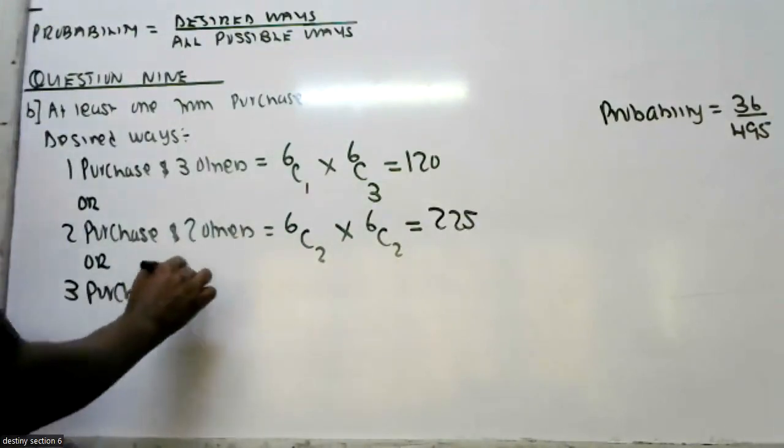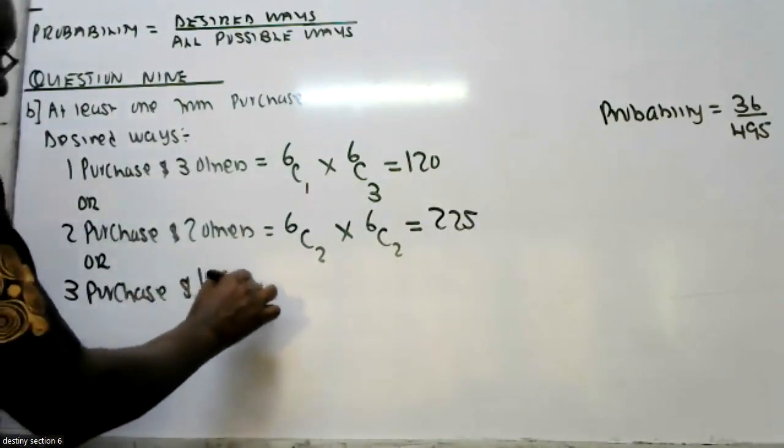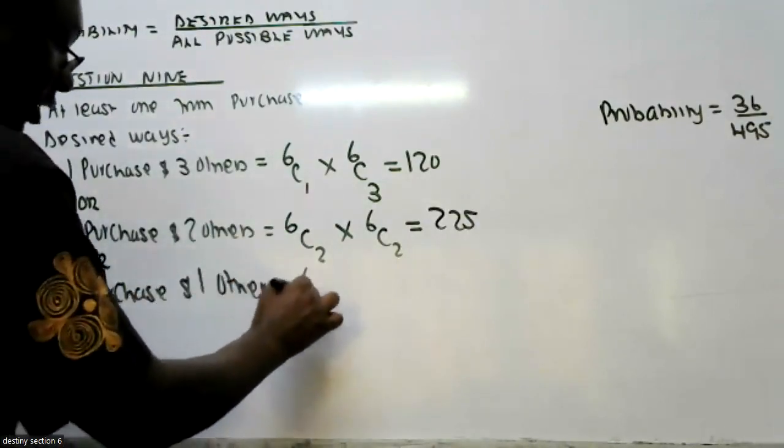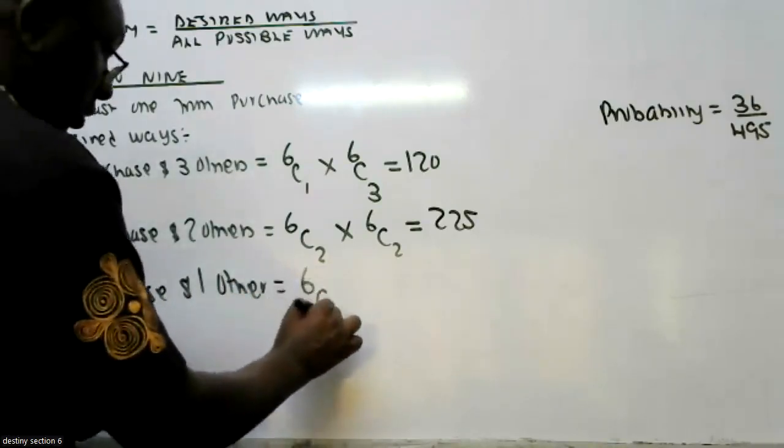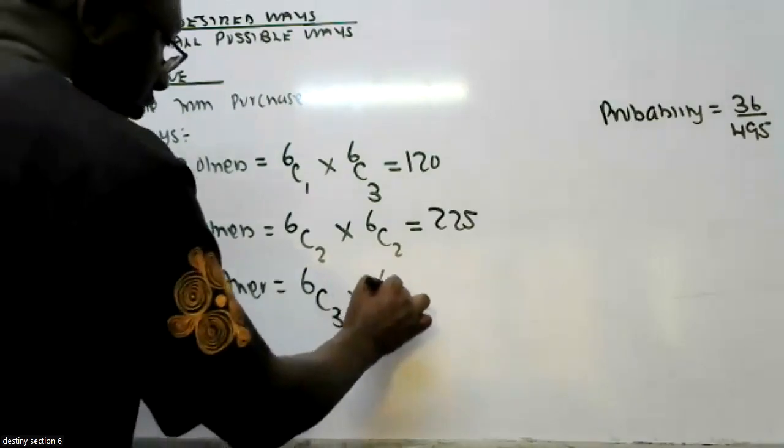Or 3 purchase and 1 other. So 6 choose 3 and 6 choose 1, which is 120.